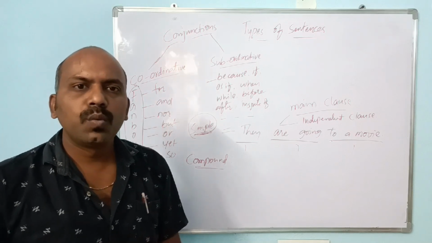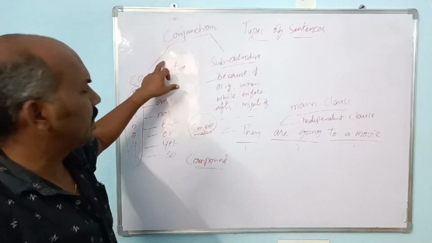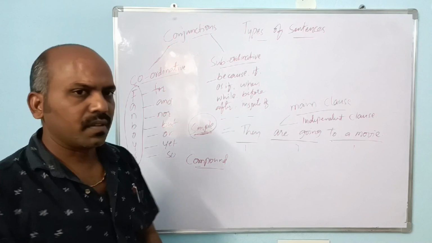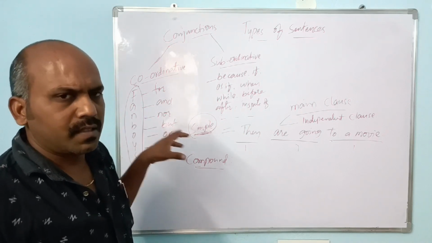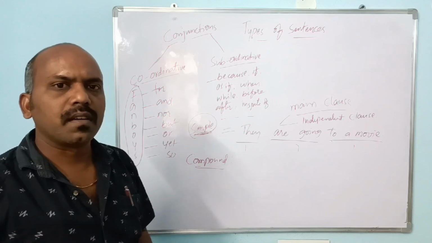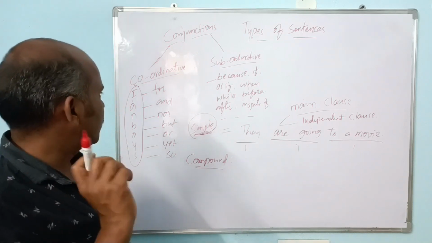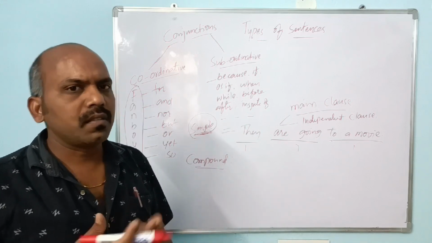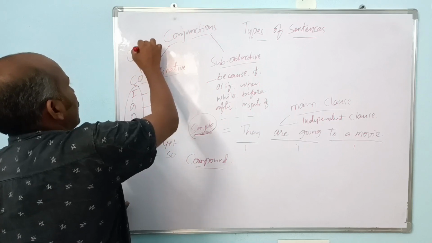So if two or more main classes are combined with coordinative conjunctions, that sentence comes under compound. That's why conjunctions are important to know. If you don't know which type a sentence is, focus on the conjunction used in it. If the conjunction is coordinative, then the total sentence is compound. Coordinative is nothing but compound.